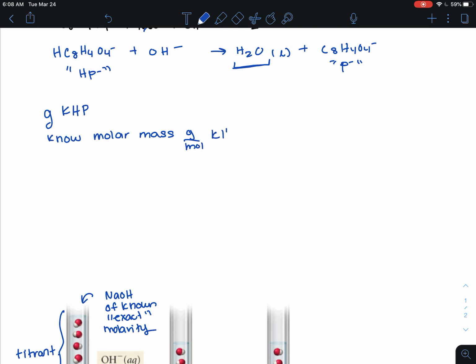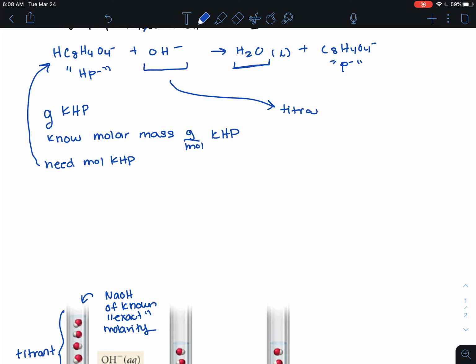Since I want, in the end, grams of KHP, how can I determine grams of KHP? Well, I always know the molar mass of KHP, grams over moles. I need moles KHP. And if I have a balanced equation, I can find the moles.